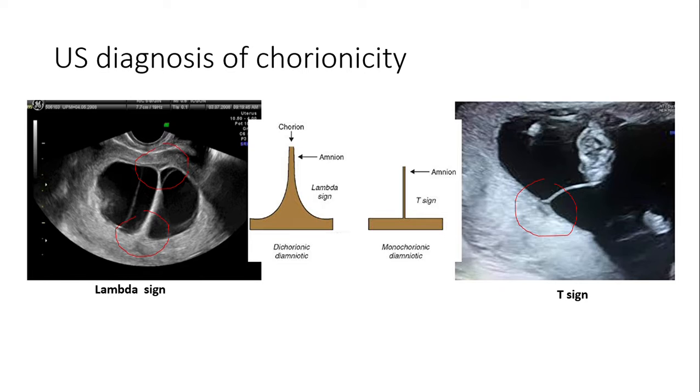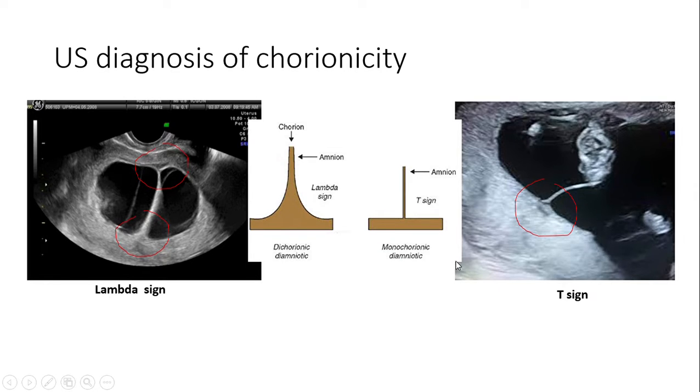And on the ultrasound, which is of help in this situation, you may see different signs, like the lambda sign to the left. You see the lambda sign, from the Greek letter lambda, and a T sign, so it's like an inverted letter T. We see the lambda sign in dichorionic diamniotic twins.